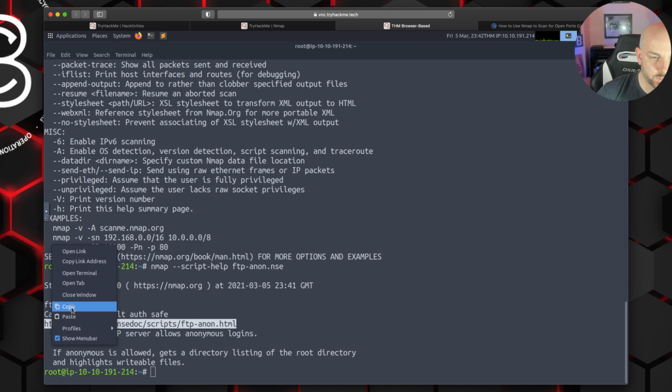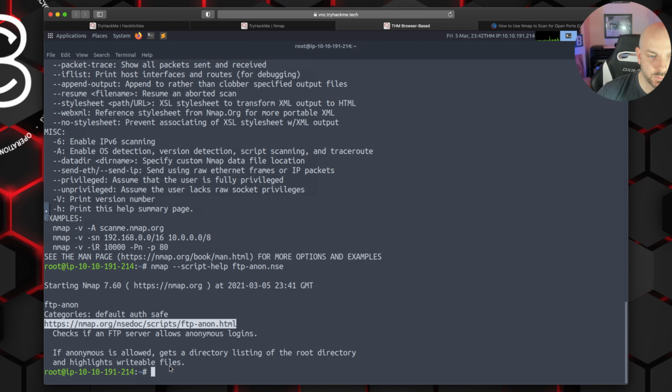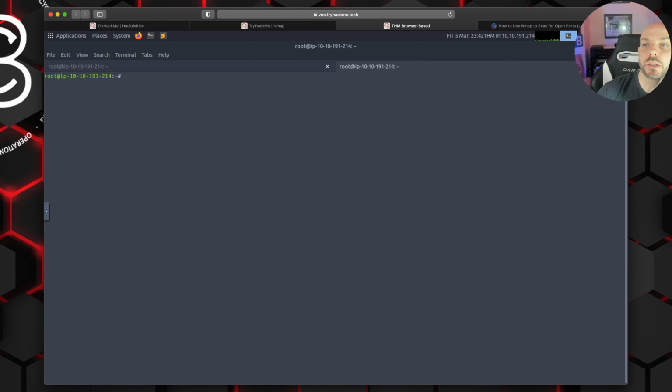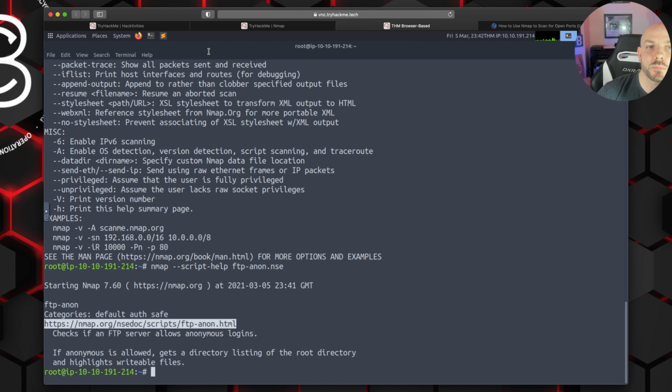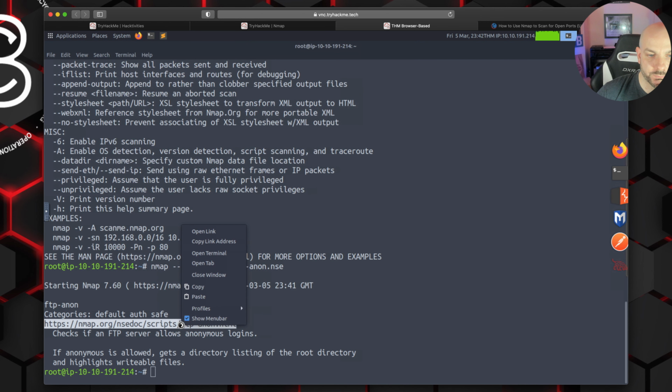I should be able to open it in a web browser. Copy link address, open tab. Oh, I keep opening up my command prompt. Let's see how good the web browser is on here.